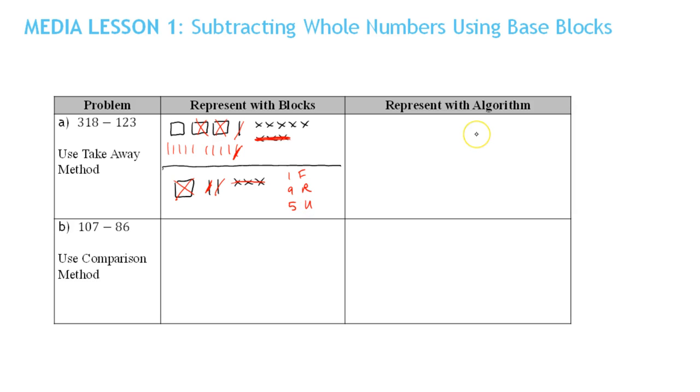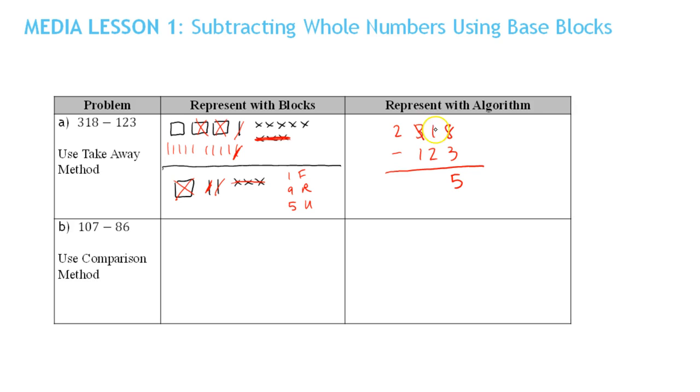Okay. So let's do this with the algorithm. So we had 318 minus, put your operation here, 123, and your bar. 8 minus 3 is 5. So that was when we canceled out these 3 ones right here. Then 1 minus 2, well, 1 is smaller than 2, so this is where we needed to borrow a flat.